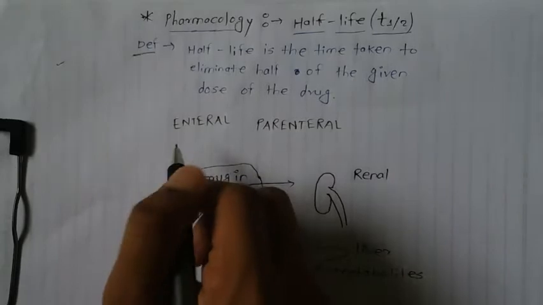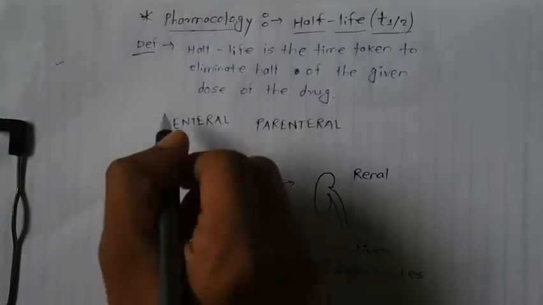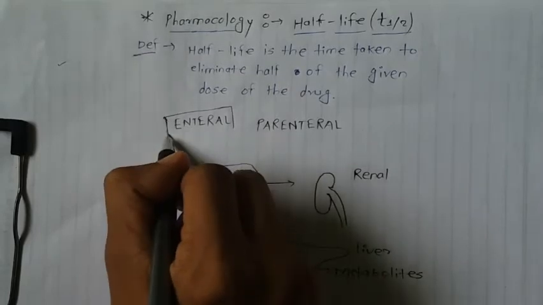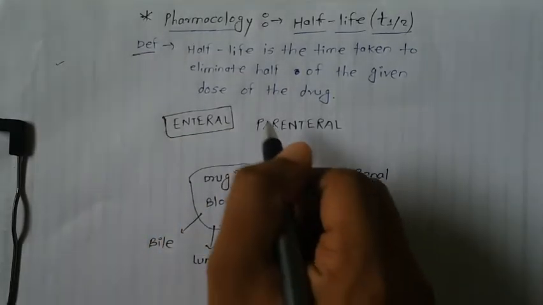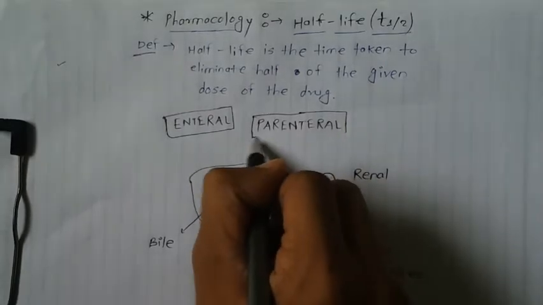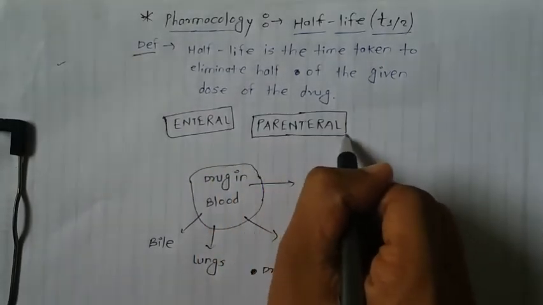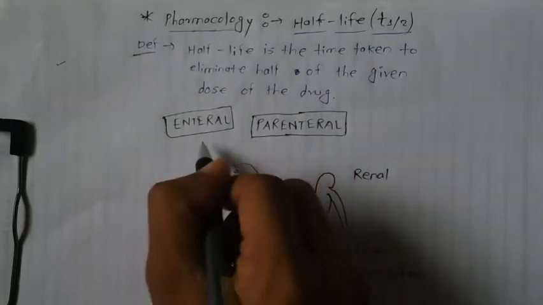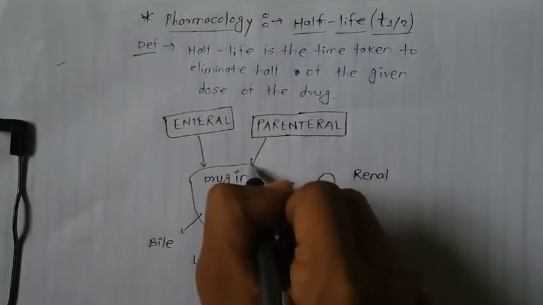When we take the drug orally, that is the enteral route, or through parenteral administration, that is the IV or intramuscular route, the drug goes into the blood.